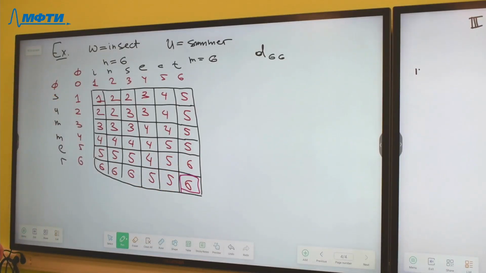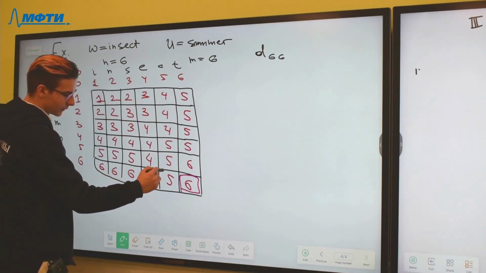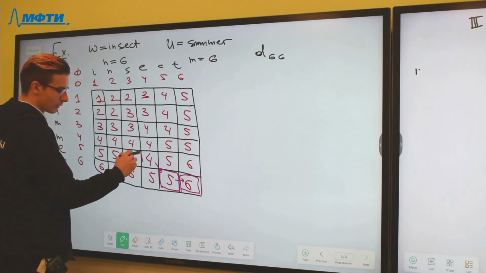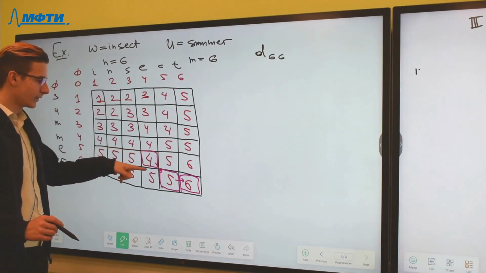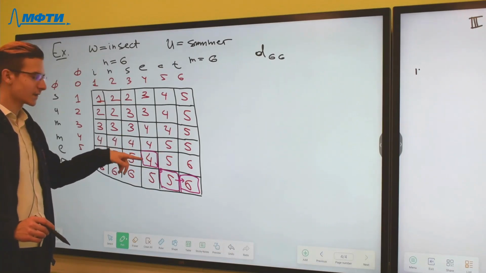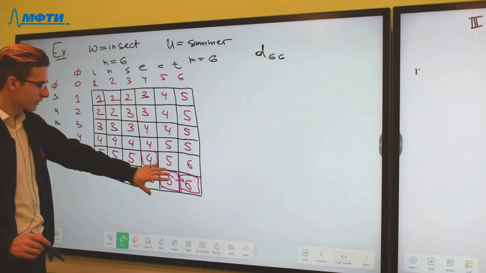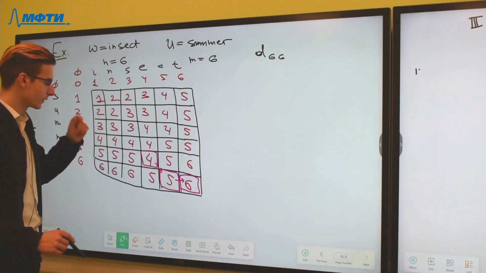So, of course, we can find, for example, a way from this number to this number. So, for example, when we say that the minimum of these three is equal to 4, we say that to find distance, we need to write one character over the second character.